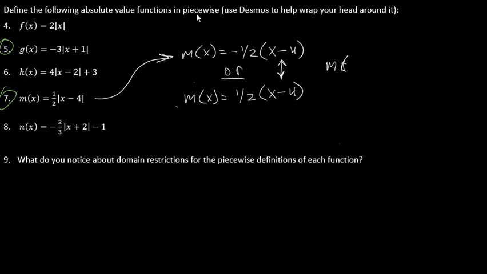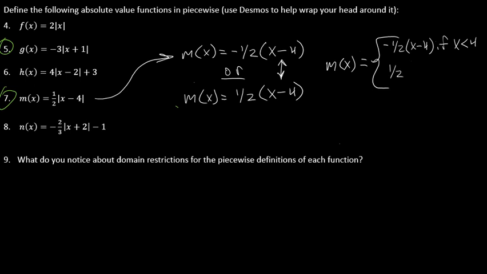So m of x, let me just erase that. M of x equals negative 1/2 times x minus 4 if x is less than 4, right?